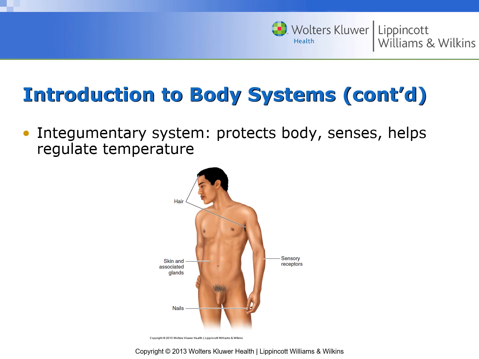The first system that we will take a look at is the integumentary system. The integumentary system protects the body, the senses, and it helps to regulate temperature. The skin forms the body's protective outer covering, making it an important part of the body's defenses.